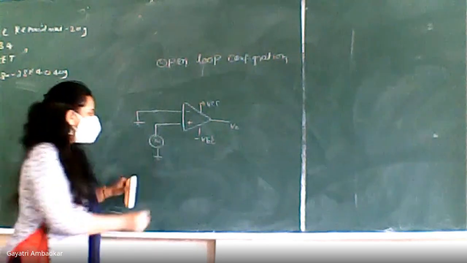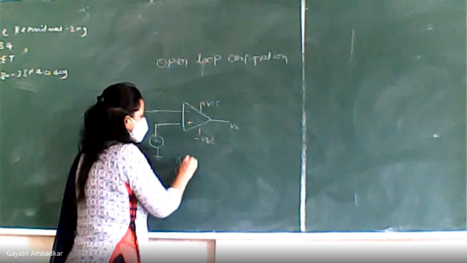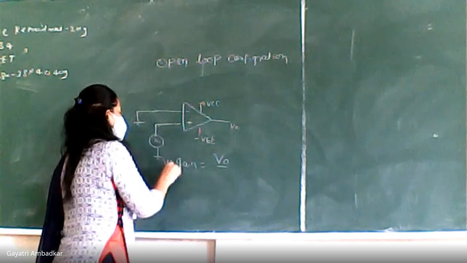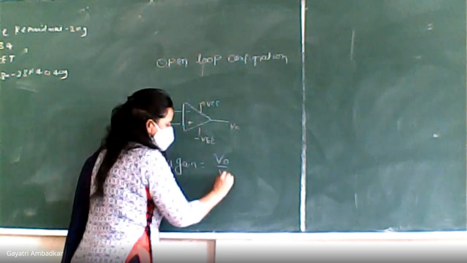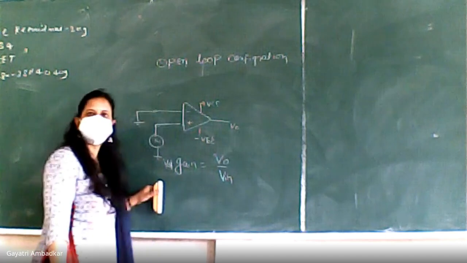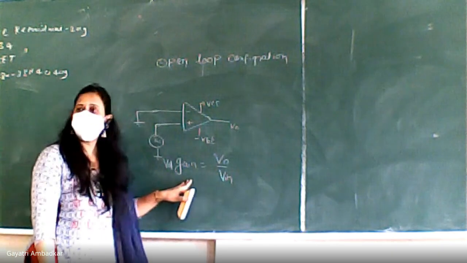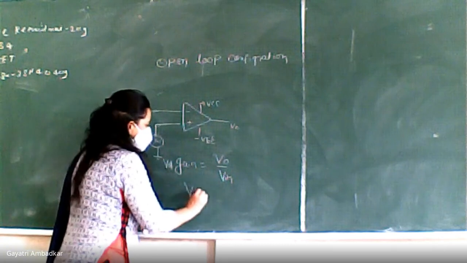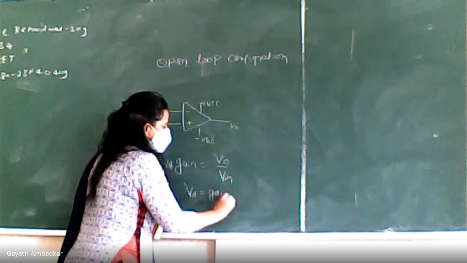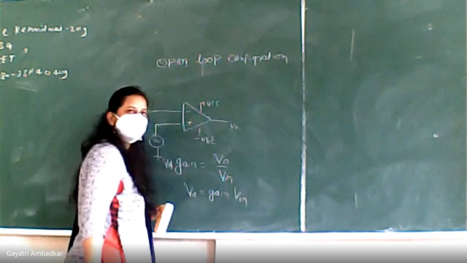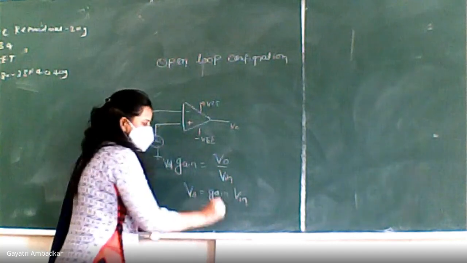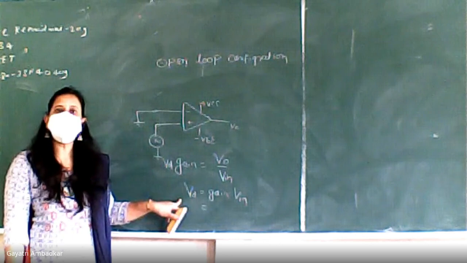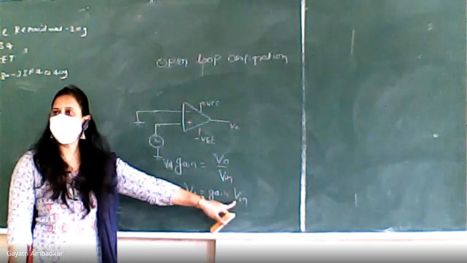The gain is high. What is the gain? Gain is equal to the ratio of, if I want voltage gain, output voltage upon input voltage. When the gain is very high, output can be written as gain into input. When gain is high, you will get a very high output, even though input is very small.